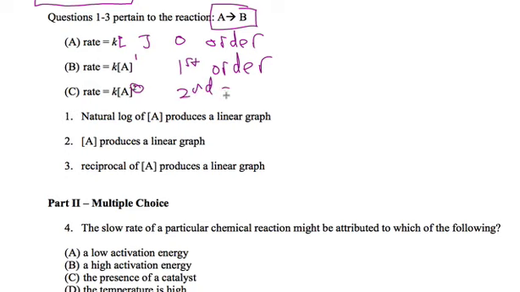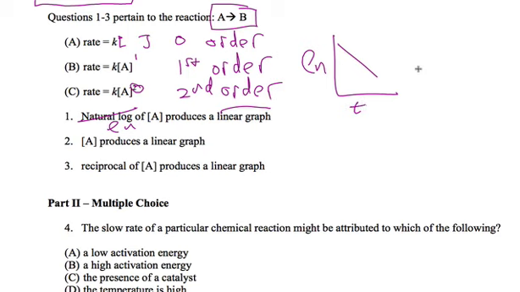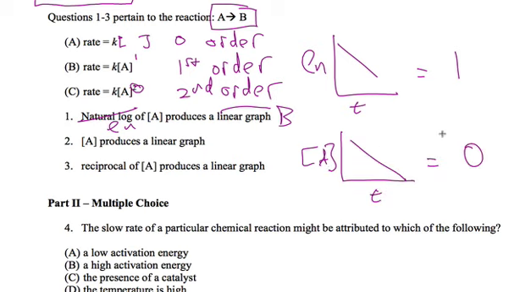second order reaction here. The first one says the natural log, or the ln of A, produces a linear graph. That's going to be linear downwards versus time, and we know that is indicative of a first order reaction. So that's going to be B. Just concentration of A versus time produces a linear graph, and that's indicative of a zero order reaction.